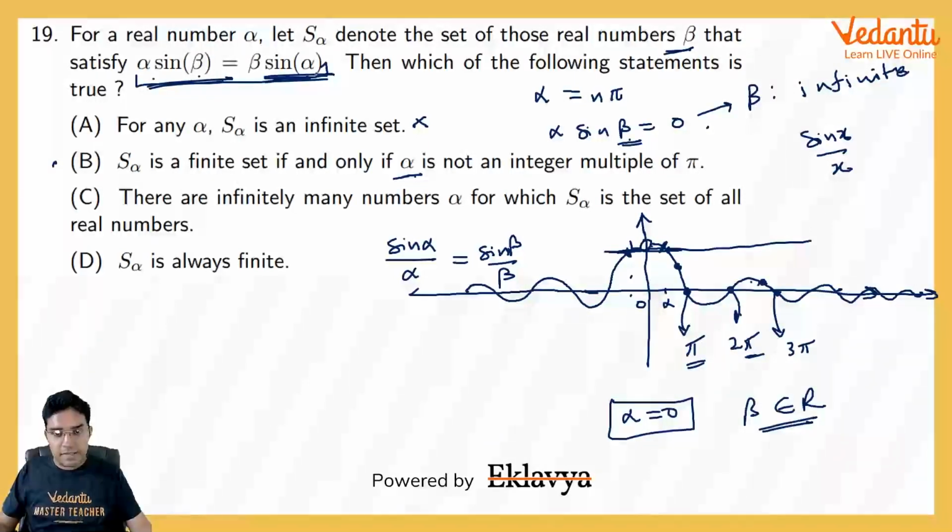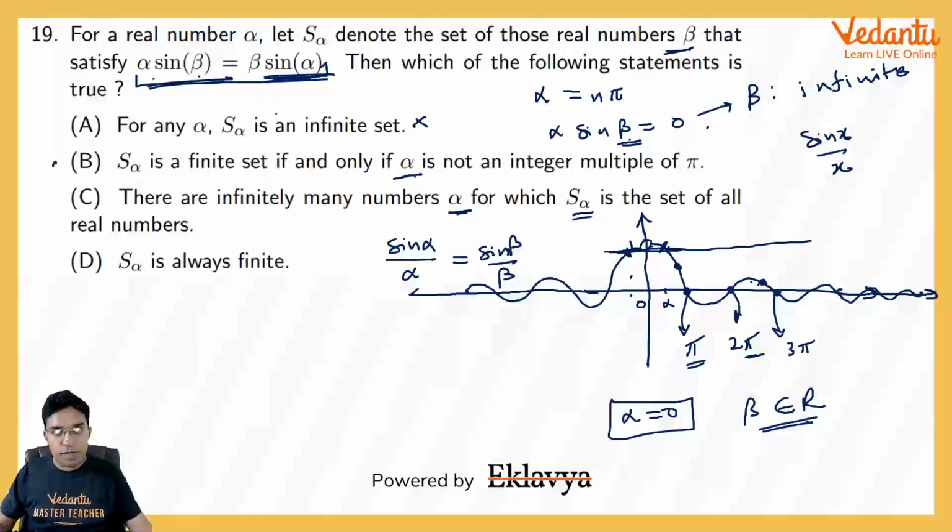But this seems to be true only when alpha is equal to 0, not when alpha is a multiple of pi. So the claim that there are infinitely many values of alpha for which S alpha is the set of all real numbers is wrong. S alpha will be the set of all real numbers only when alpha is equal to 0.